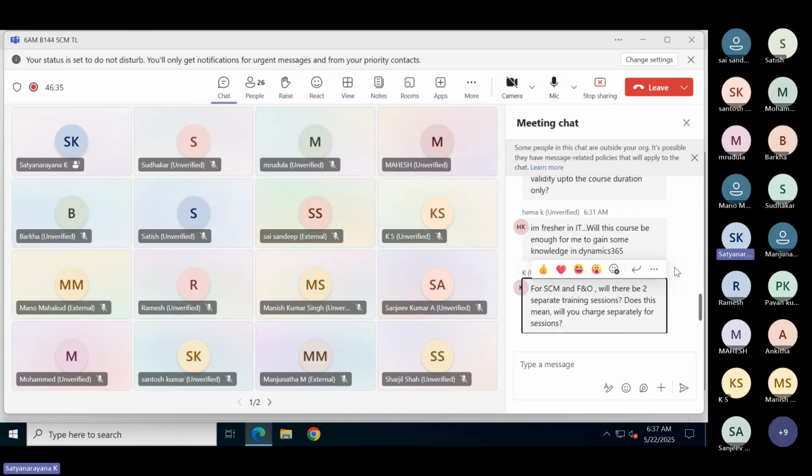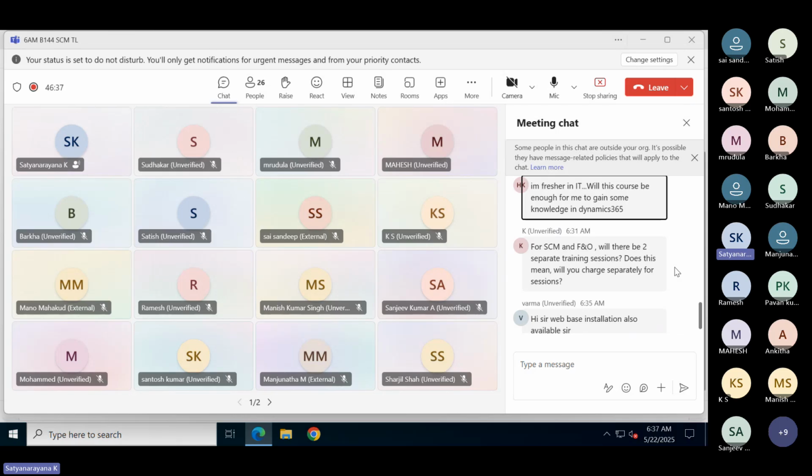See, for freshers, Hema, learning this application is not complex at all. But the problem is getting an opportunity for freshers is very difficult. Suppose you have completed your education this year or last year, then you cannot showcase experience.